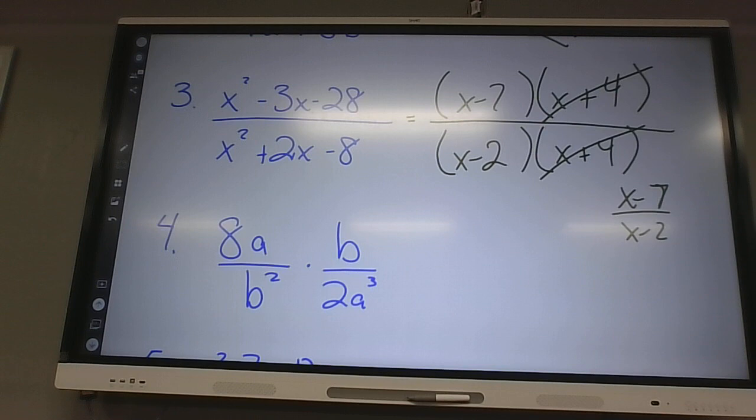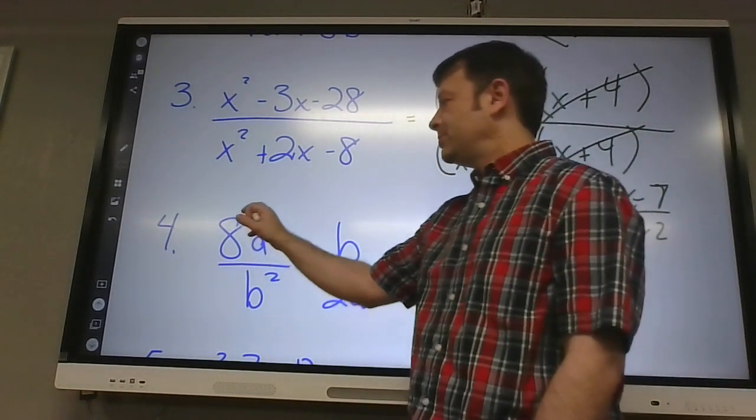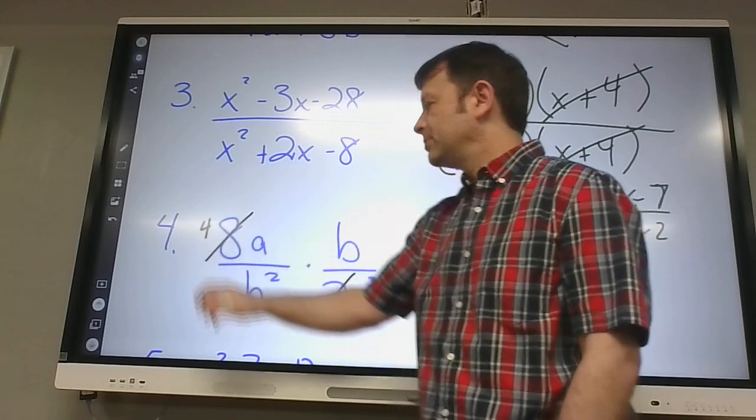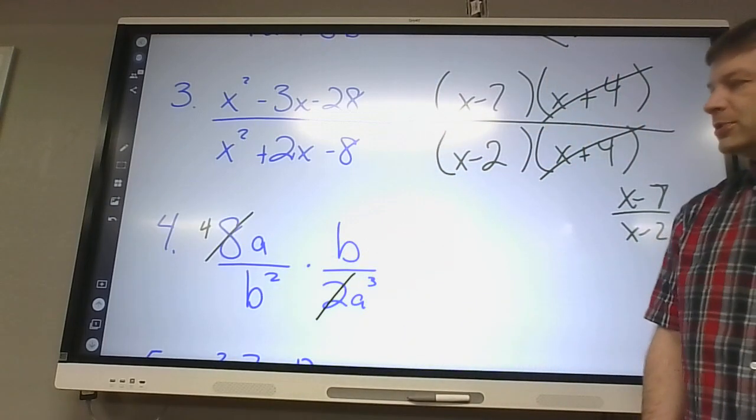What's different about number 4? It's a multiply problem. So, even though there's 2 different fractions, you can kind of treat it like one. Anything on top can reduce with anything on bottom, because when you multiply the top and bottom, it just goes together. So, for example, 8 and 2 reduce to 4 and 1.